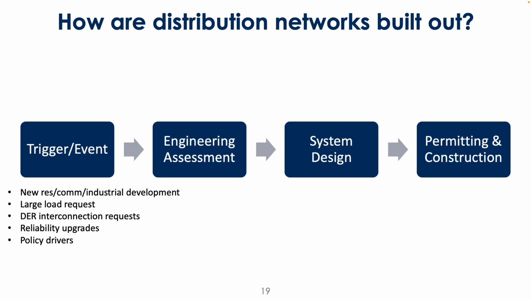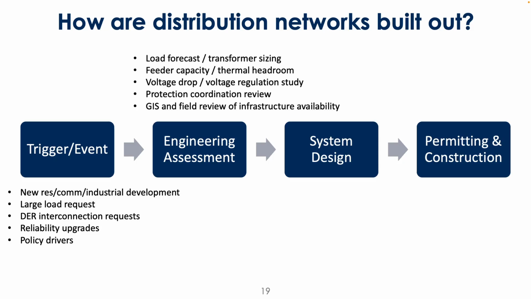You need an engineering assessment, and so they're going to look at how much load you need, how big of these transformers, and how many of them do we need, right? There's a number of things that get assessed to make sure that when I build out the distribution system, it's not just willy-nilly, right?